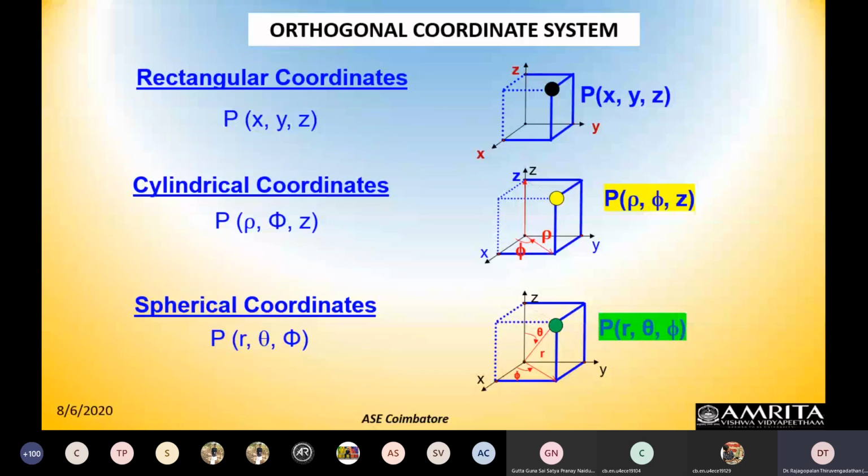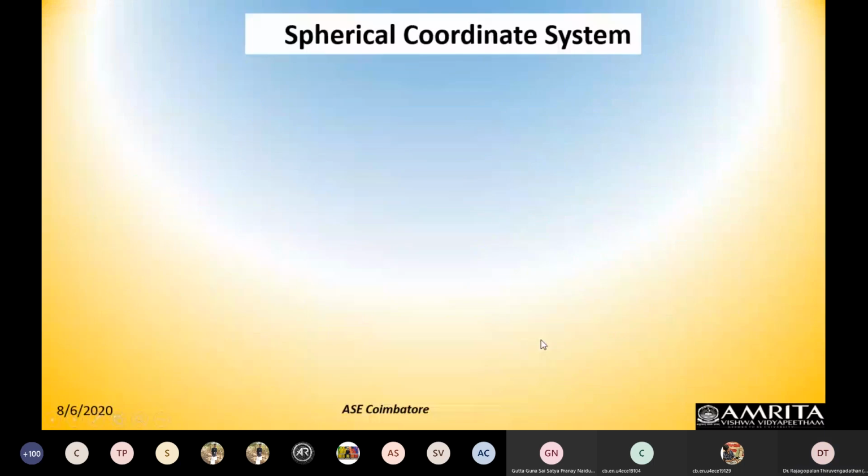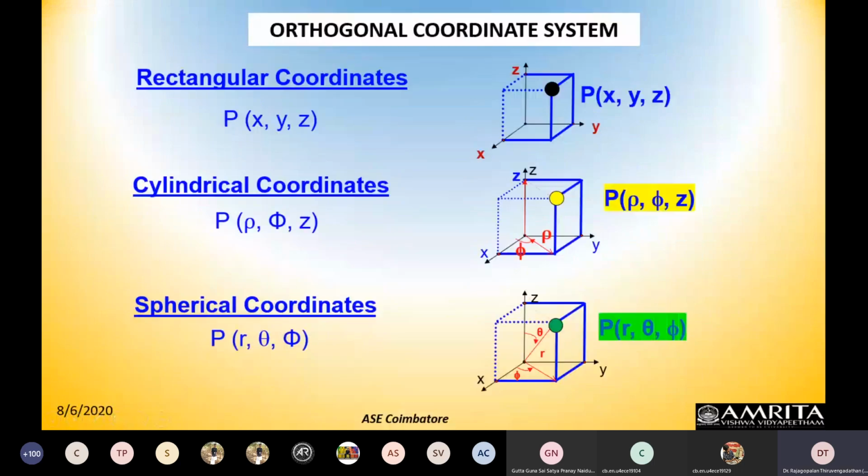Now, if I project this radial vector onto the xy plane, I get the angle phi, the azimuthal angle, which is the angle that the projection makes with the x-axis. The arrows here are along the increasing direction of the values of these coordinates.